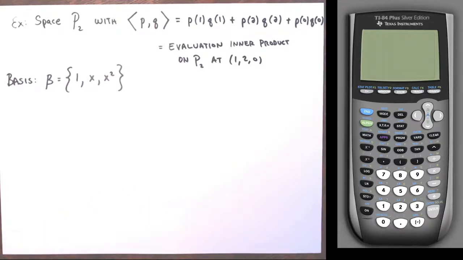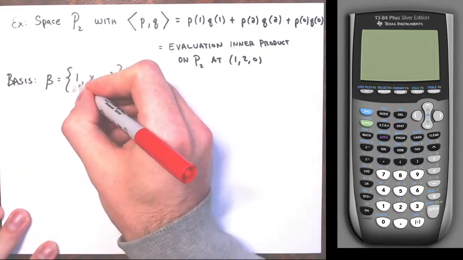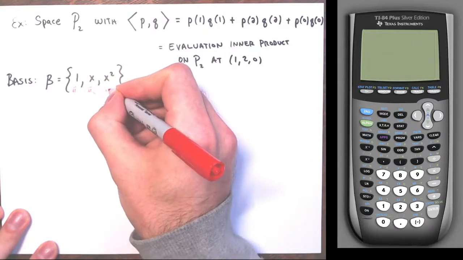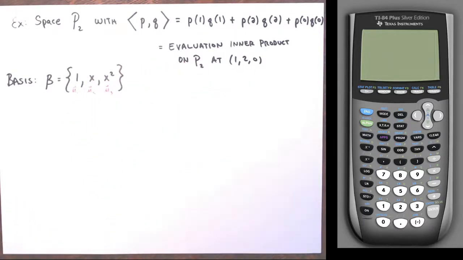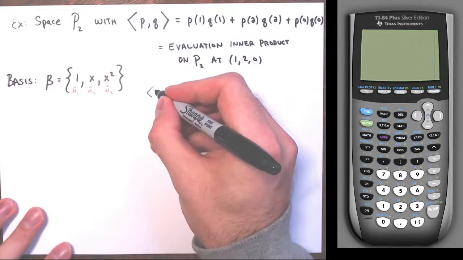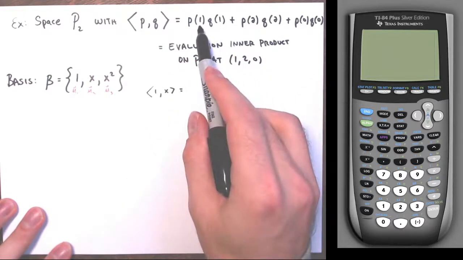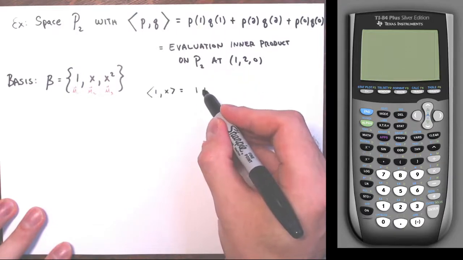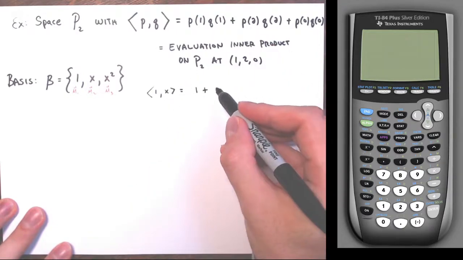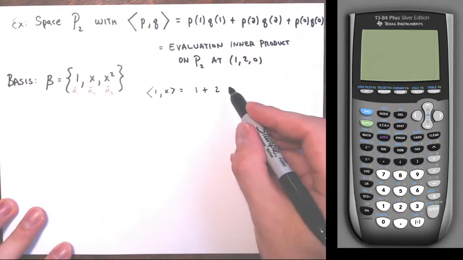All right. So we have our basis for P2, with vectors 1, x, and x squared. Again, I'll call these u1, u2, and u3. And this is not orthogonal, right? Because if you took the inner product of 1 with x, this would be 1 times 1 plus 1 times 2 plus 1 times 0.